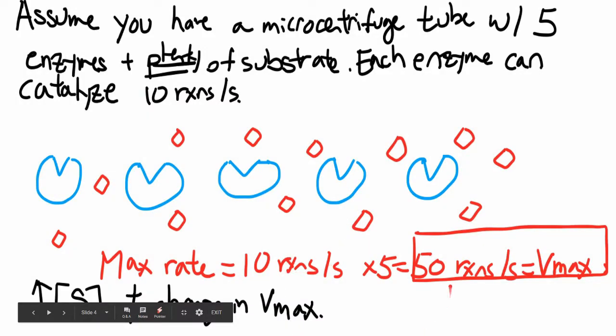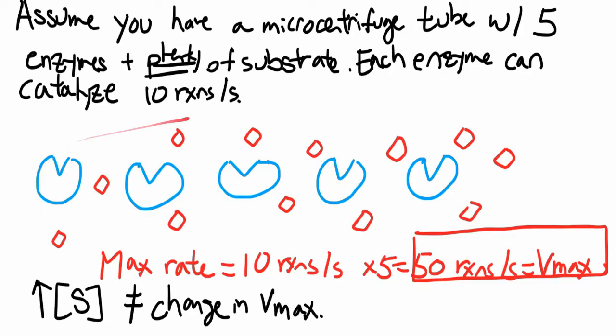Okay, so let's go through an example here. Let's say that we have a microcentrifuge tube, okay? And in this tube, we've only got 5 enzymes, okay? These blue guys here, these blue enzymes, all right? And we have a ton of substrate. When I say plenty of substrate, it would imply that we are saturating these enzymes here, okay?